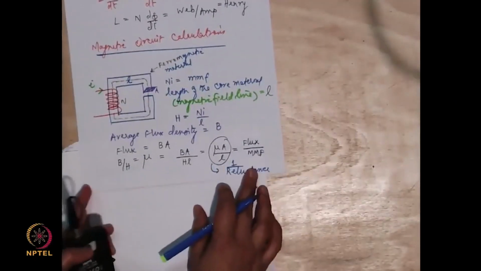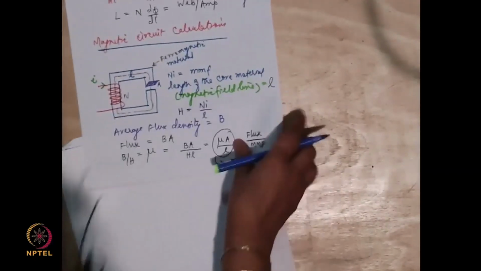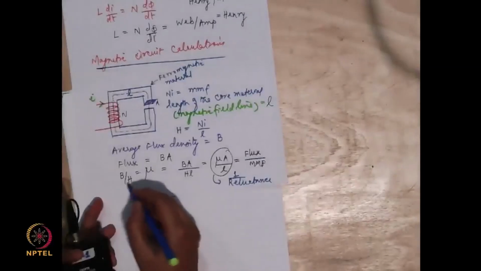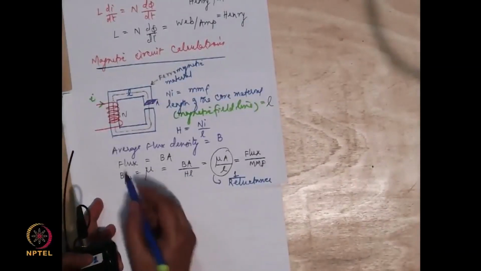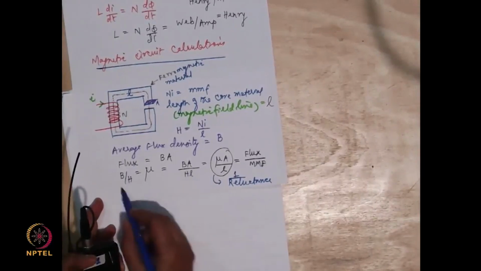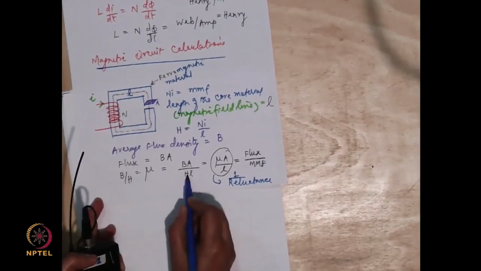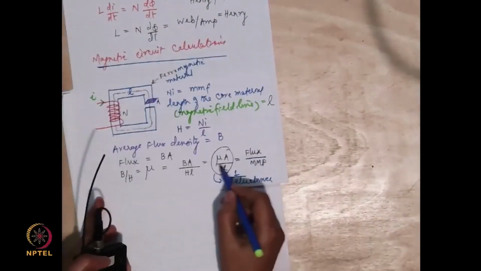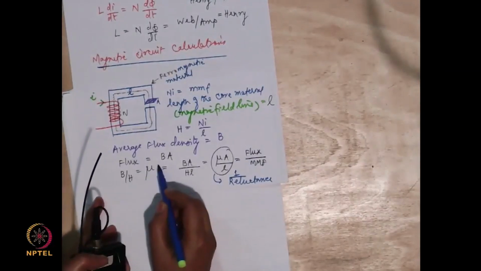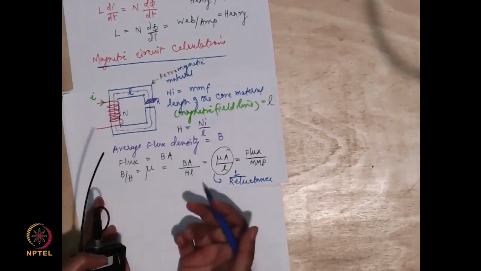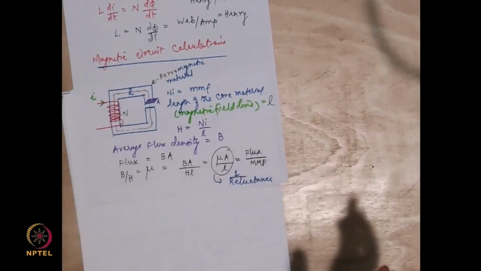See, basically we are writing that B by H is equal to mu, right? Now we are multiplying B by A and multiplying H by L. We have just done it arbitrarily. Then I have to write mu on the top multiplied by A, and at the bottom I have to multiply by L. That's all I am doing.